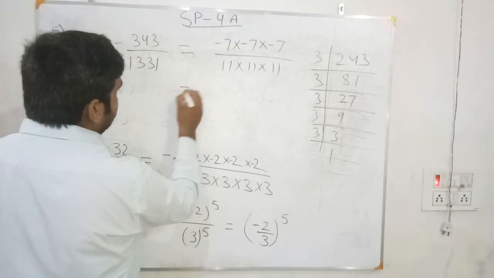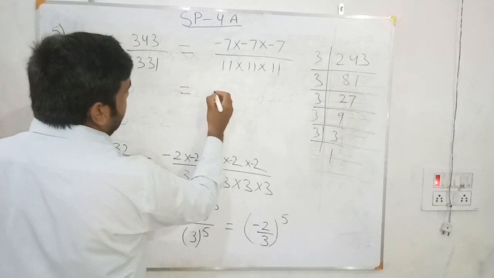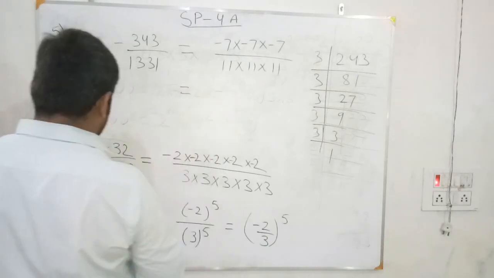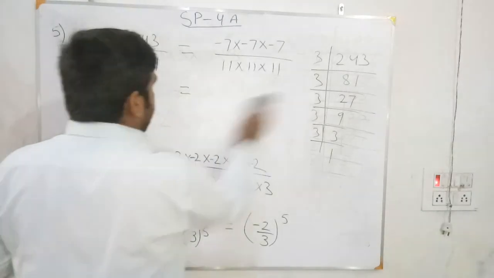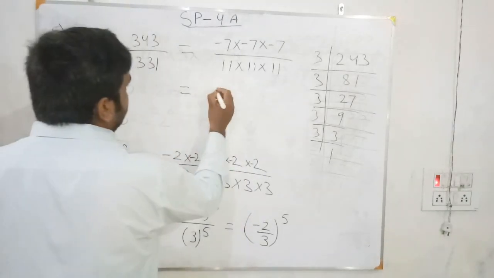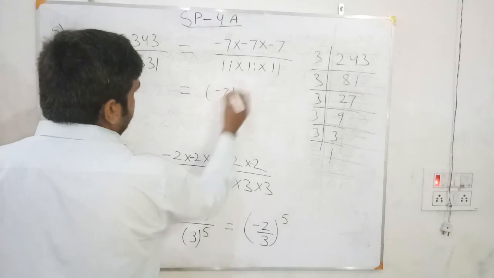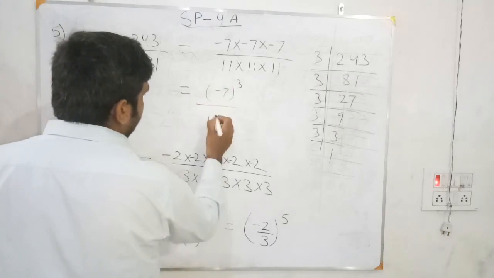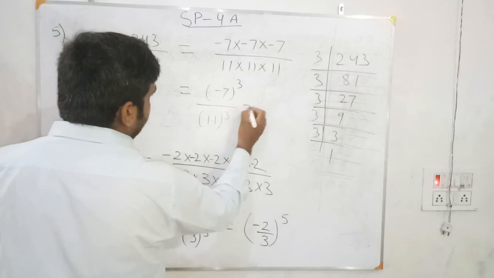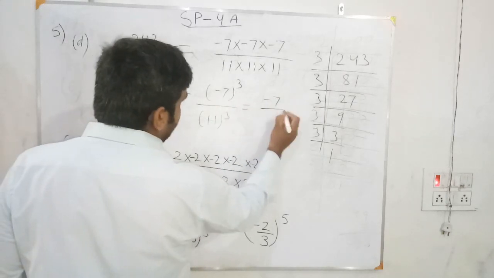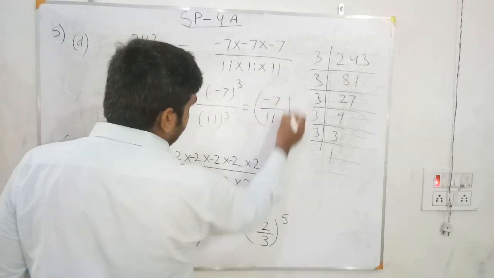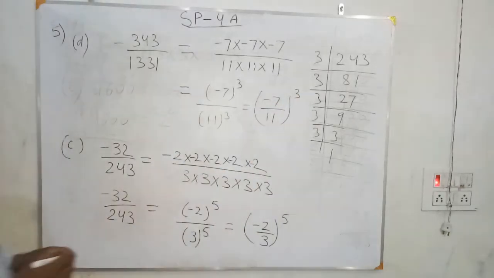Now in that place you can write -7 to the power 3 upon 11 to the power 3. Again you can take the power common, so you can write -7 by 11 whole to the power 3. That also we can write.